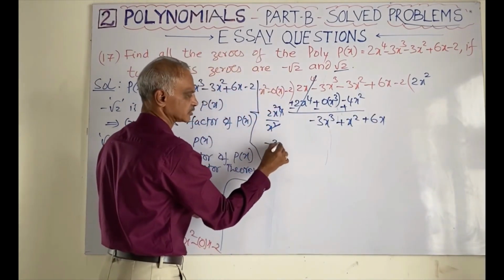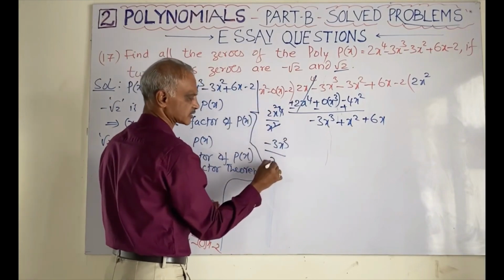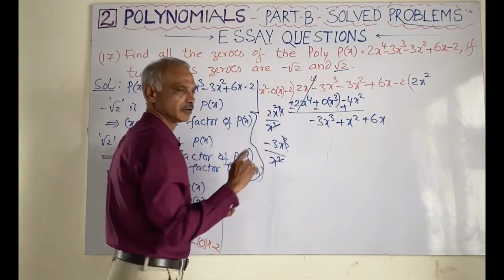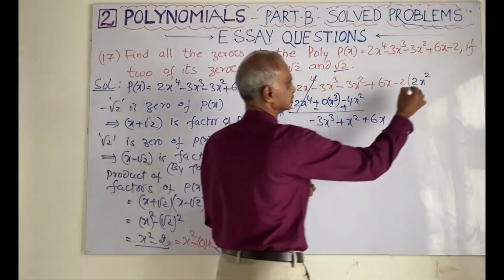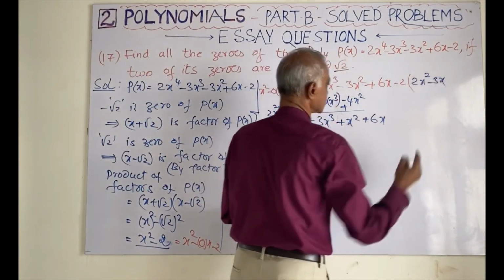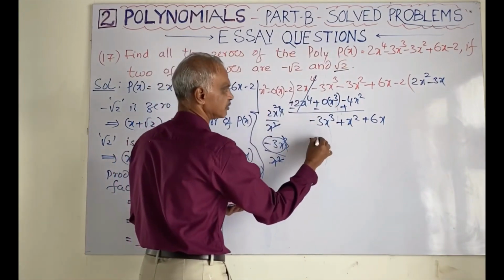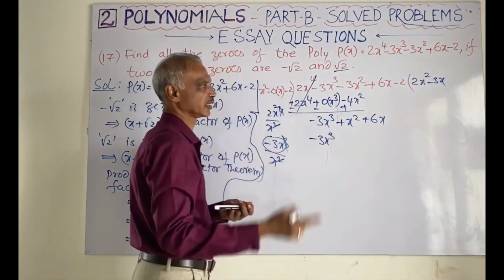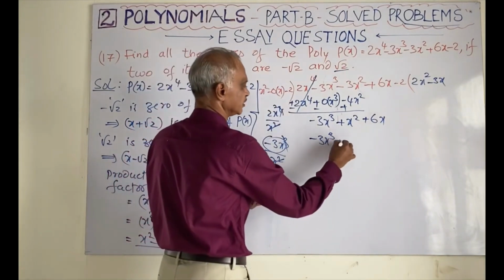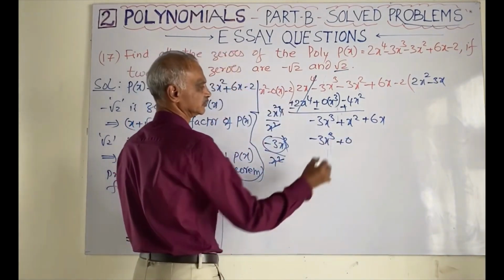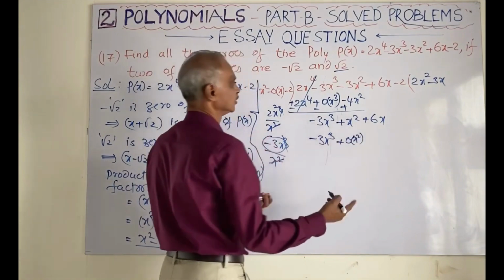Now minus 3x cube by x square, we have to multiply with minus 3x. Minus 3x into x square is minus 3x cube. Minus 3x into 0 is 0x square.